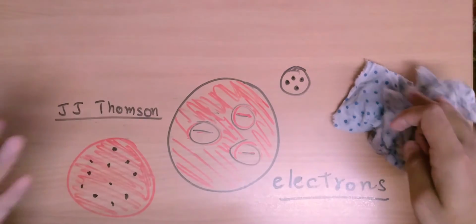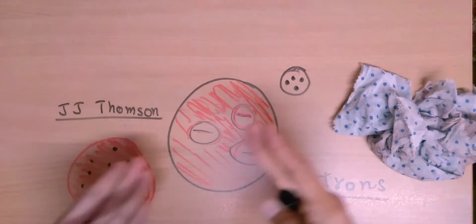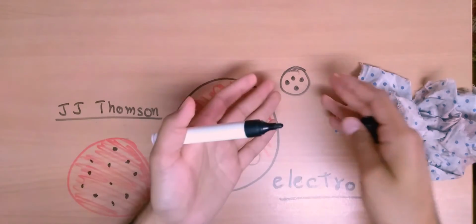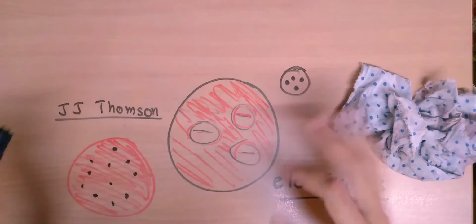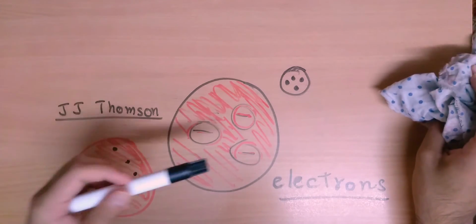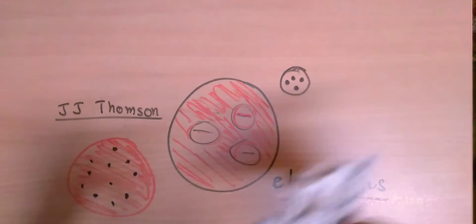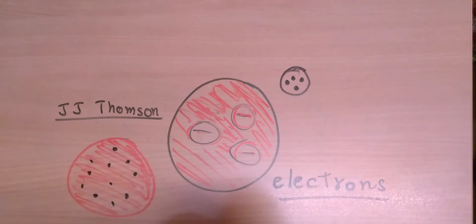So you can either compare this to the watermelon, or you can compare this to the plum pudding or muffin here, and it doesn't really make a difference. But the basic idea is that this is the J.J. Thomson model, or the plum pudding model, and this is the first model of an atom. That's it for this video.